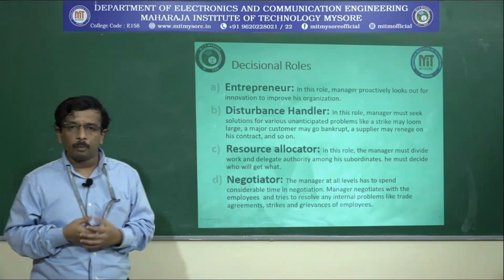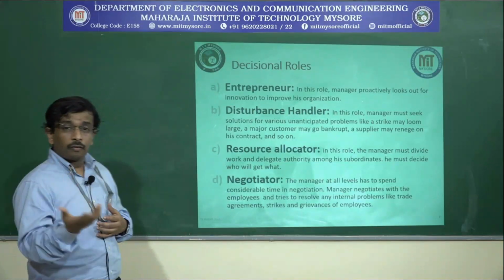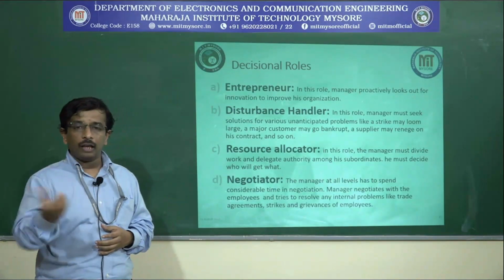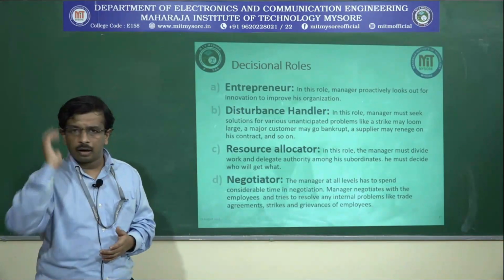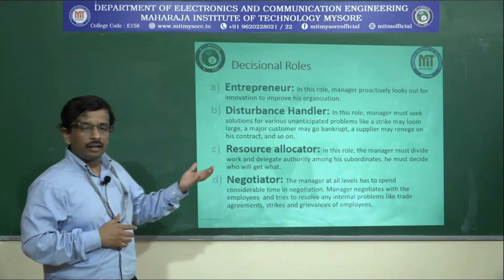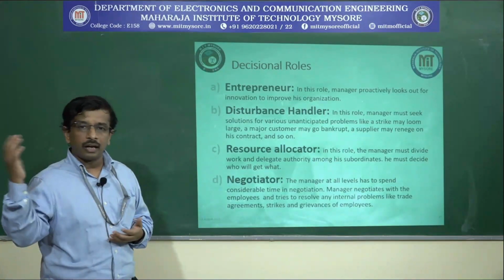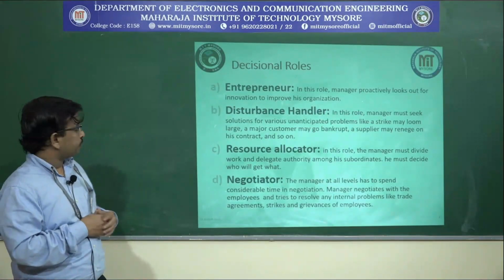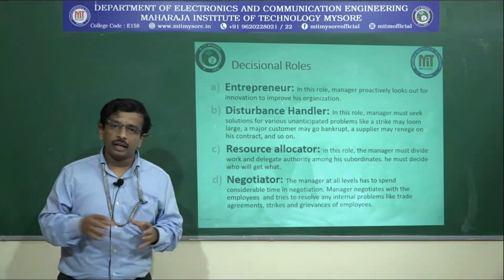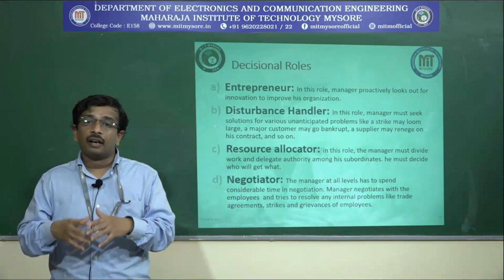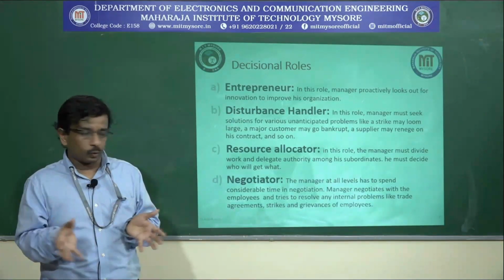Say, for example, a strike of the employees, or a particular customer may not value the contract and may just say, I am not going further with it. In such cases, the manager needs to handle the situation, handle the disturbance and smoothly get out of that particular issue. Next is resource allocator. Say a particular organization has different resources and there are a set of people for various resources.